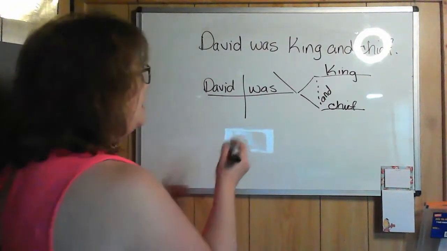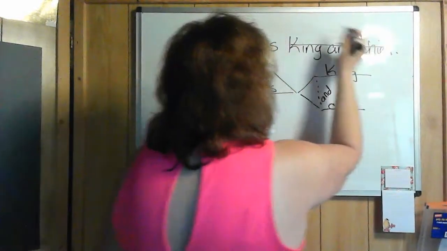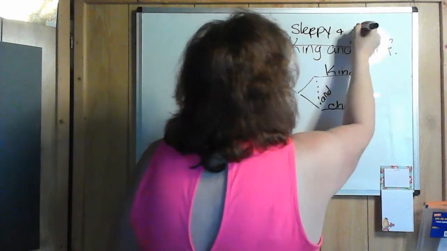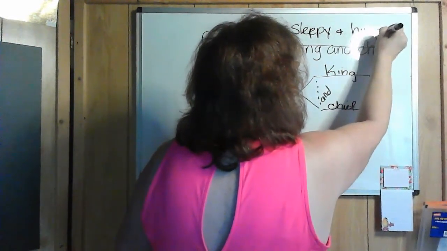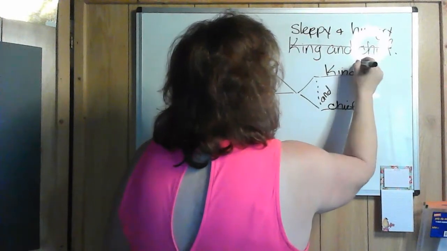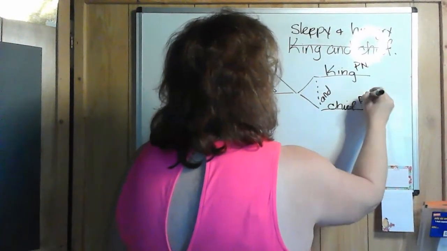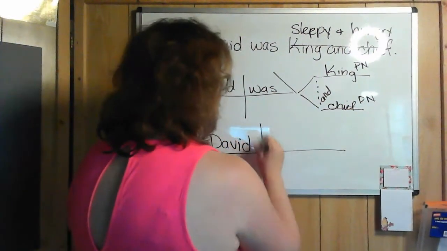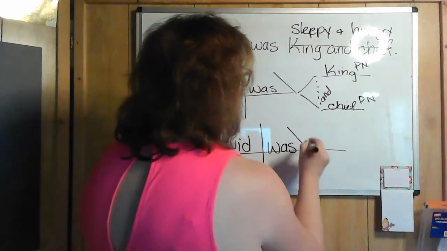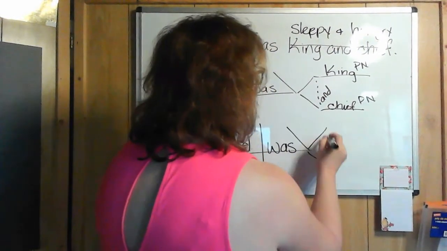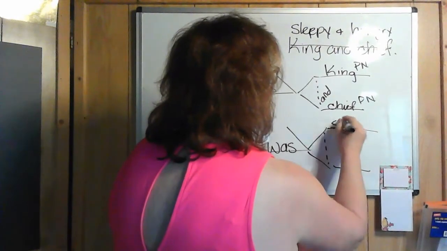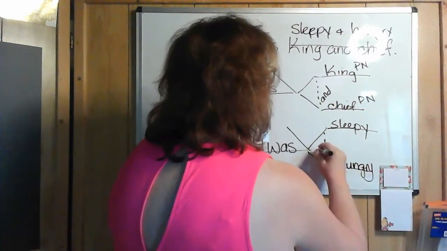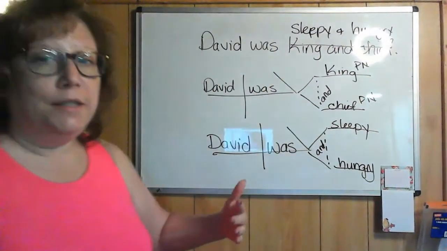We could also say something like: David was sleepy and hungry. Now, these were nouns. These are predicate nominatives. But when I say David was sleepy and hungry, the formation does not change at all.